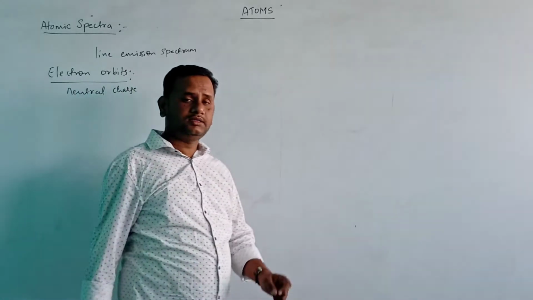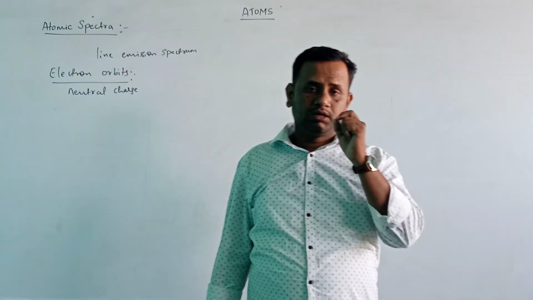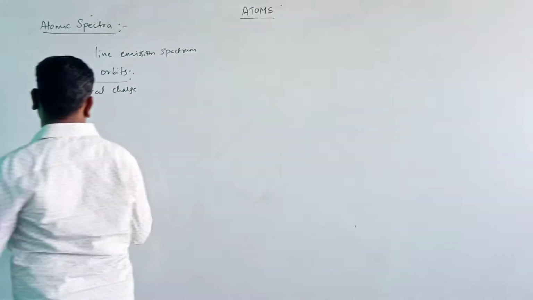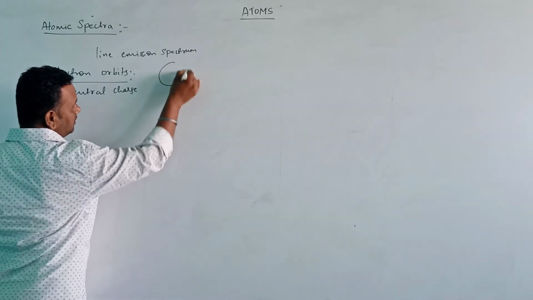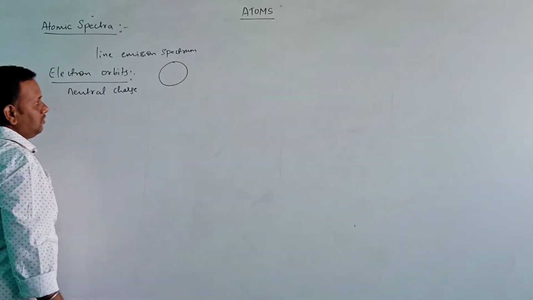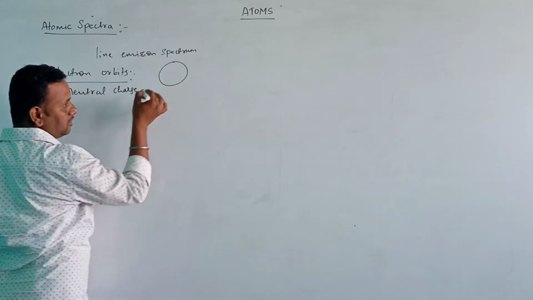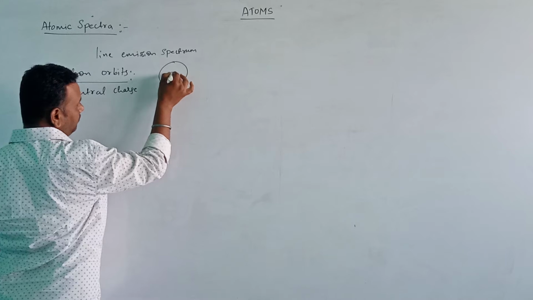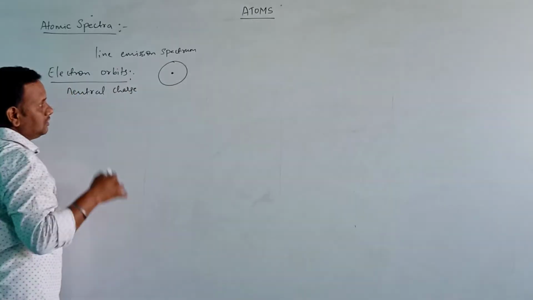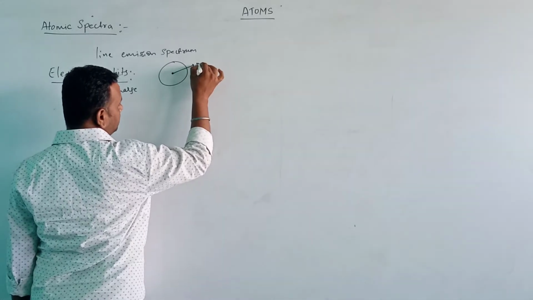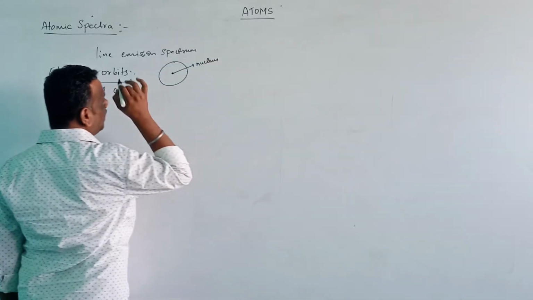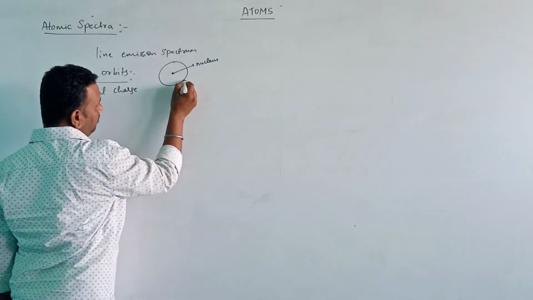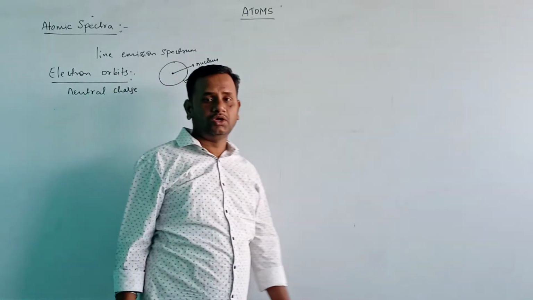That atom consists of a small positively charged nucleus at the center of the atom, and around the nucleus, electrons revolve in a stable orbit.